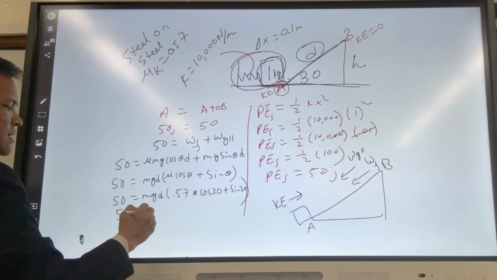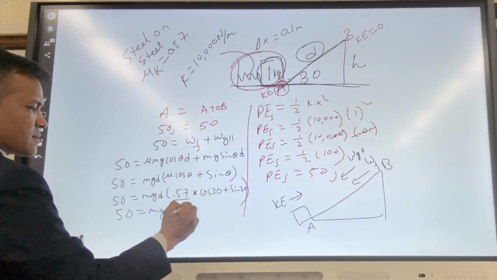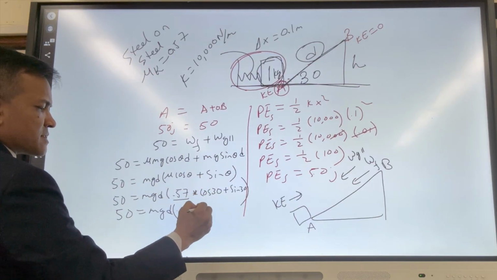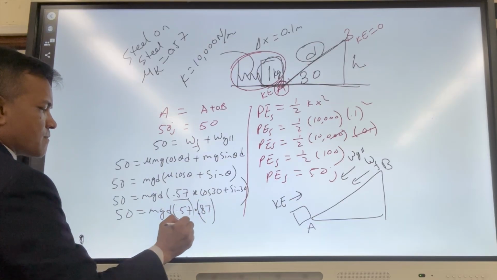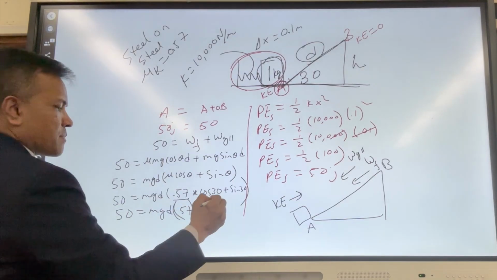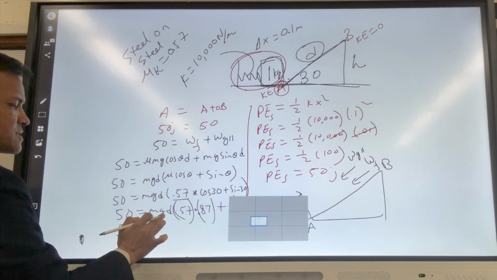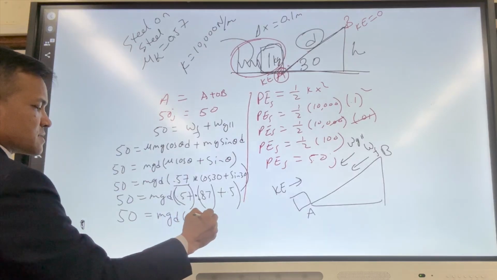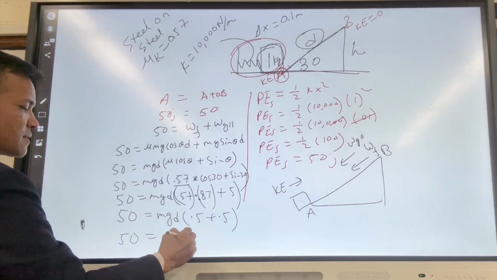So 50 is equal to mgd times 0.57 times cosine 30, which is 0.87, plus 0.5, since sine 30 is 0.5. So 50 is equal to mgd times 0.5 plus 0.5, so 50 is equal to mgd times 1.